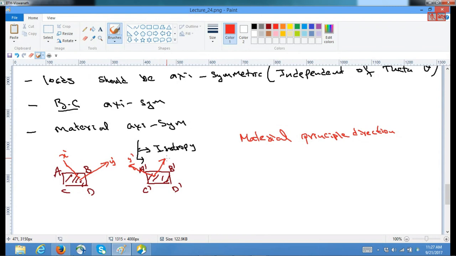So if your material principal direction is independent of theta, then also you can take those materials.